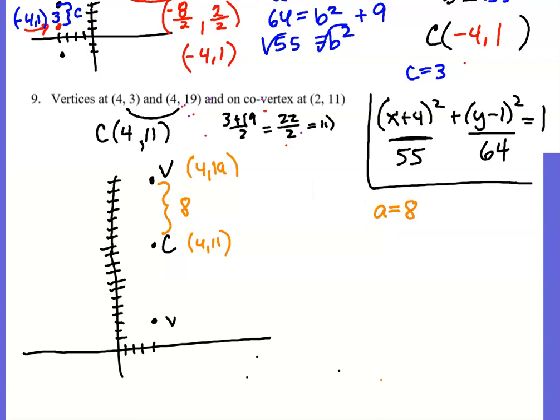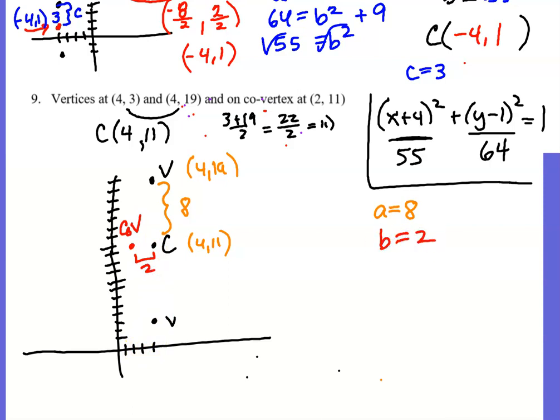Okay. We also know a co-vertex. There's a co-vertex at 2, 11. So let's graph that. 2, 11. So there's my co-vertex. Remember, the distance between center and co-vertex is B, and so that distance is 1, 2. So B is 2.